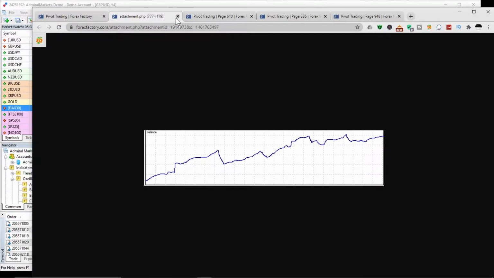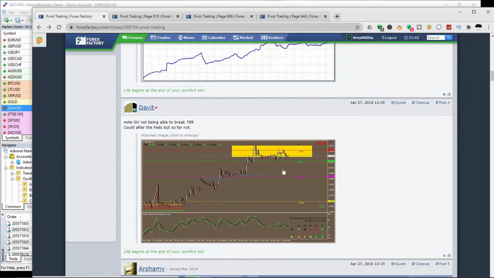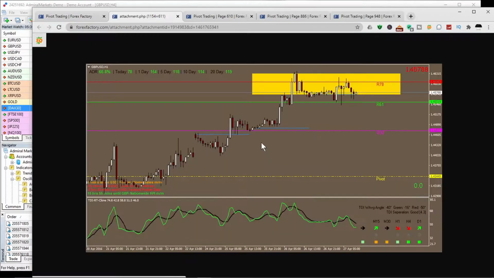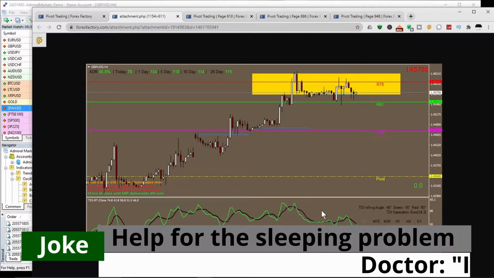This is a little P&L point, and then we got this right here. I don't actually see how he's trading this one here, because it doesn't look like there's really divergence going on here.